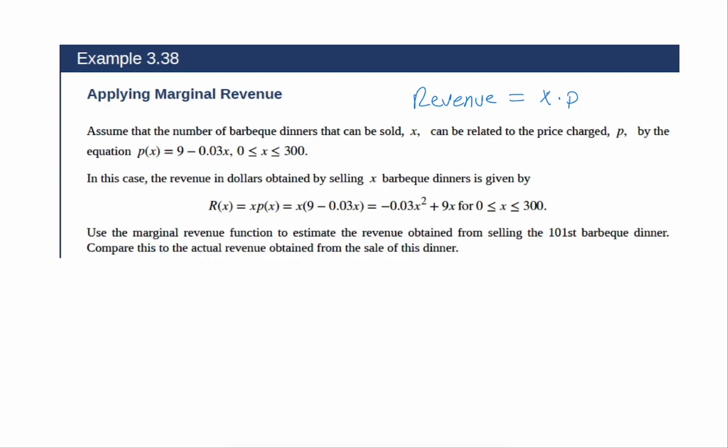And it says, use the marginal revenue cost to estimate the revenue obtained from selling the 101st barbecue dinner. Okay, so the marginal revenue, remember, is the derivative. If they ever stick the word marginal on, we want to take the derivative of that thing. So if we have the revenue and we want to find the marginal revenue, we're just going to take the derivative.